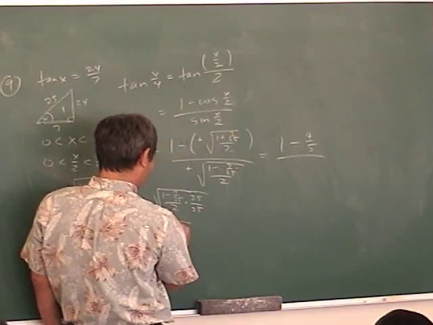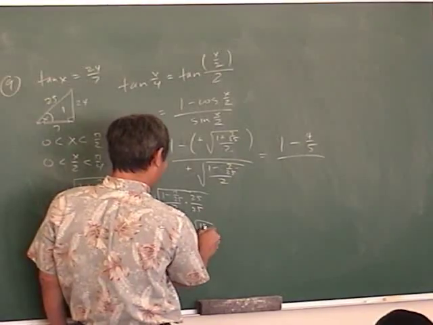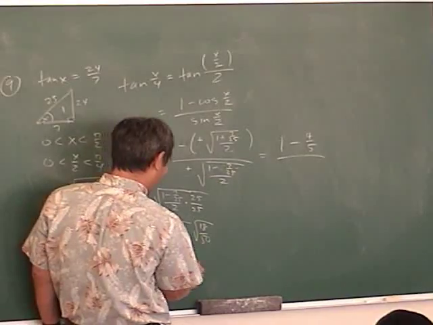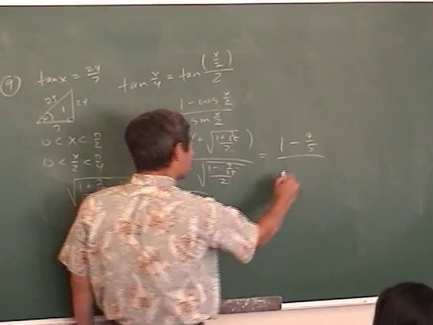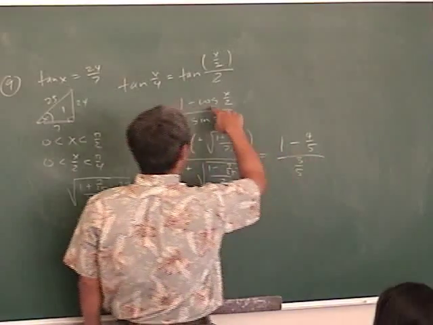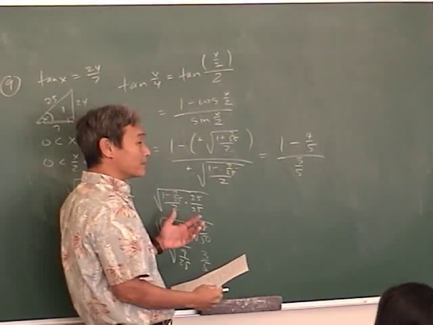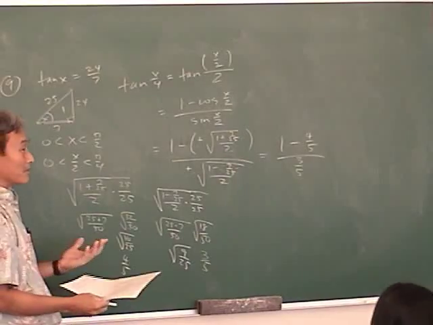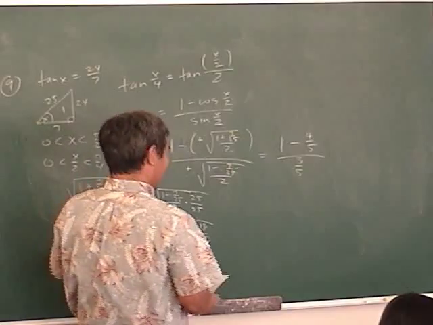Square root 25 minus 7 over 50, which is the square root of 18 over 50, which reduces to the square root of 9 over 25, which is 3/5. But if you just think about it, if cosine of an angle is 4/5, doesn't the sine have to be 3/5? Because when you draw the 3, 4, 5 triangle, it's got to be plus or minus 3/5, right? But anyway, just keep on going.